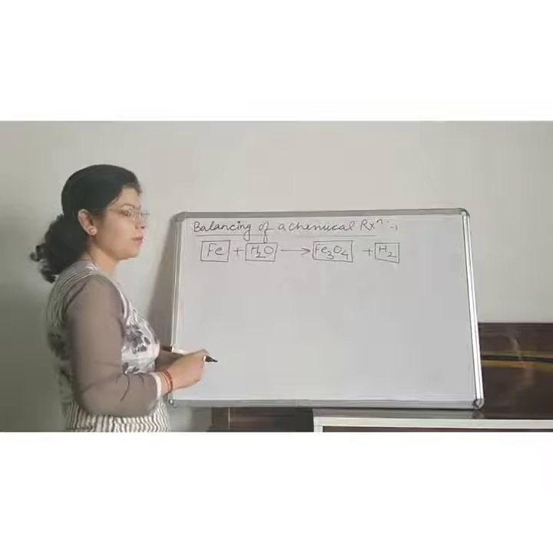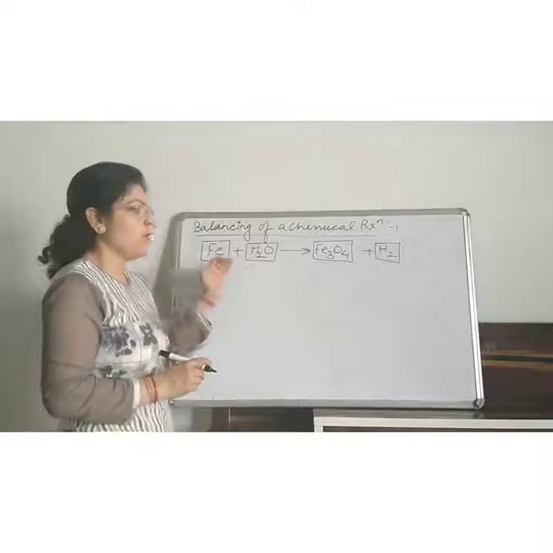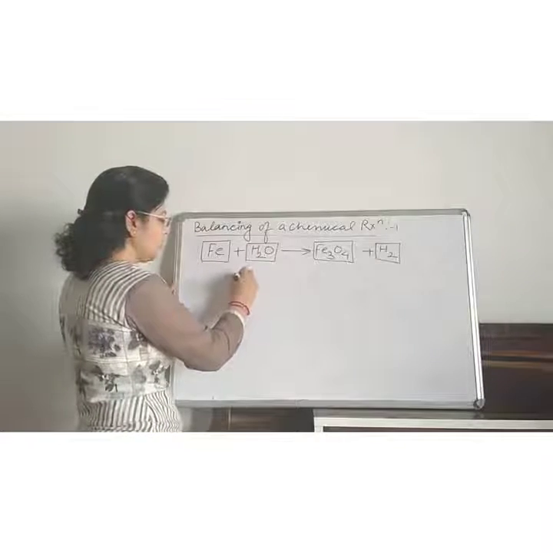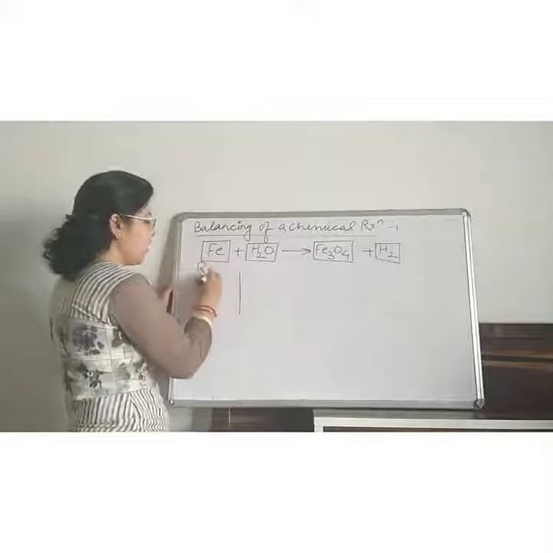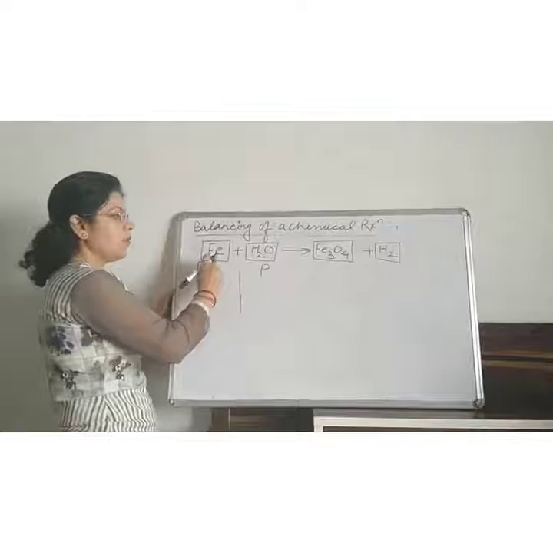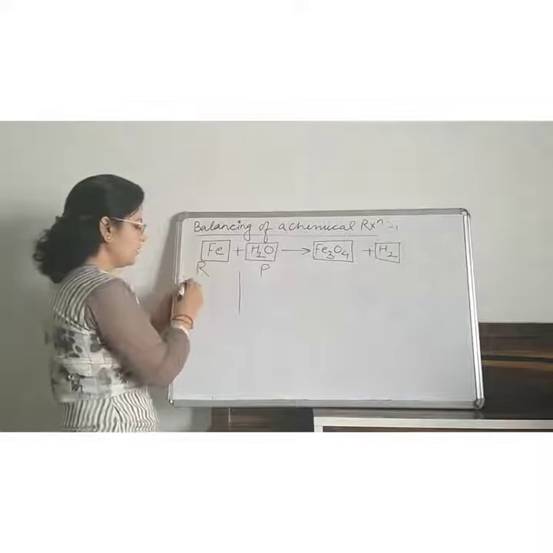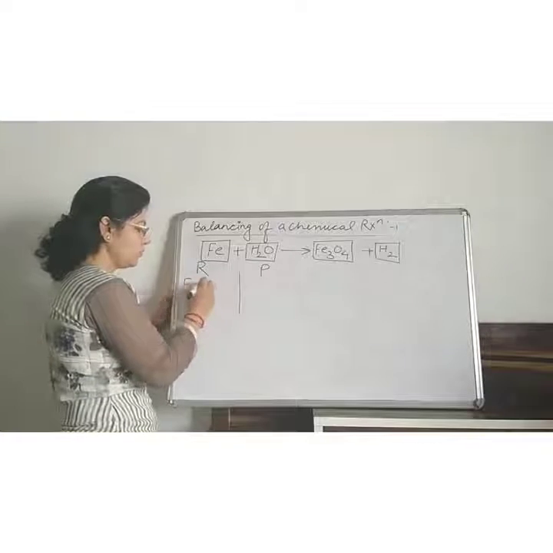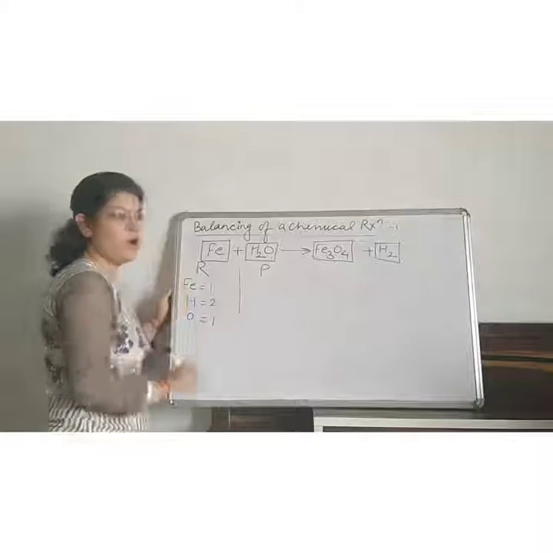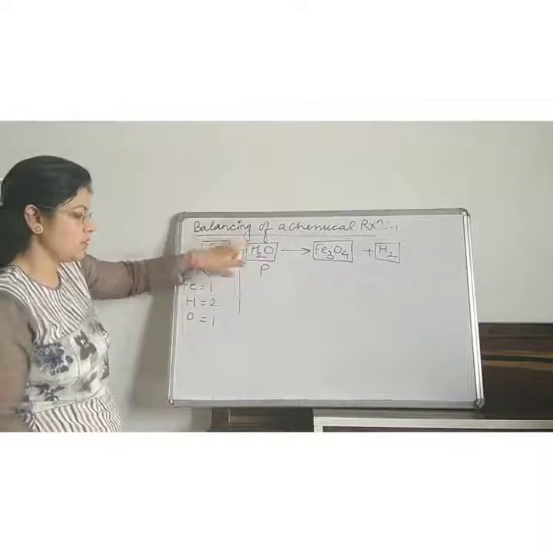The next rule is to make a table of the atoms present on the reactant side and product side. Let R stand for the reactants and P for the products. The number of different atoms present on reactants as well as products: on the reactant side, iron is 1, hydrogen is 2 and oxygen is 1.